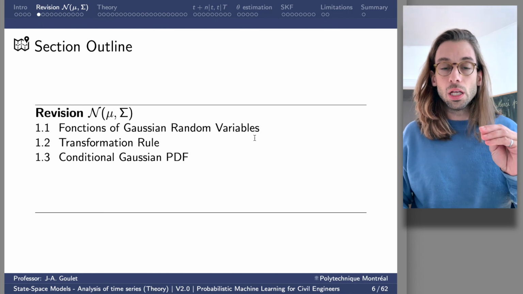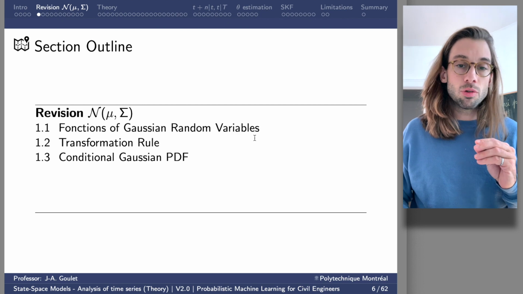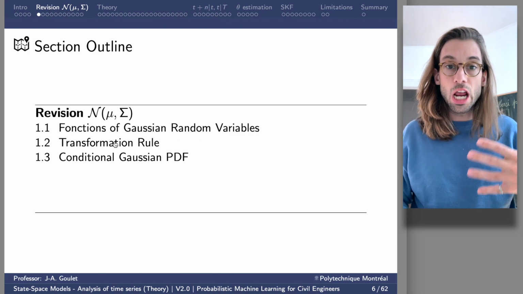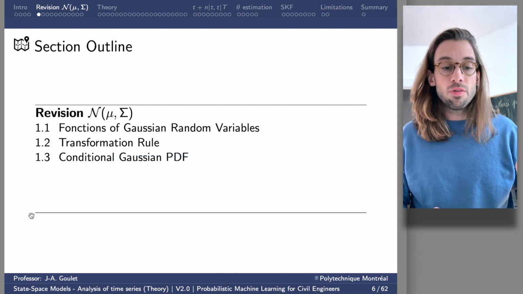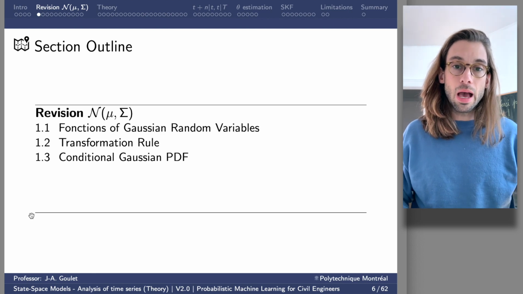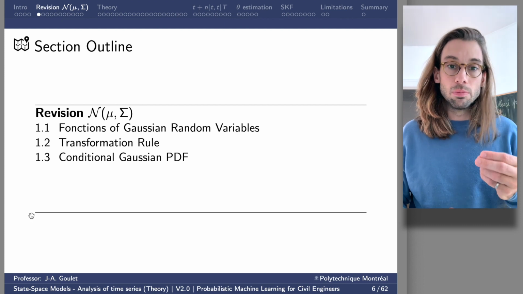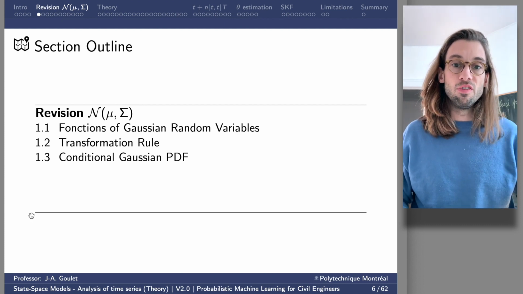Here we're going to specifically look at linear functions of Gaussian random variables. Then we're going to look at how we can generalize this through the transformation rule, or change of variable rule. Finally, we're going to look at the second key property: the conditional Gaussian PDF. How can we do analytically tractable Bayesian inference for jointly Gaussian random variables?